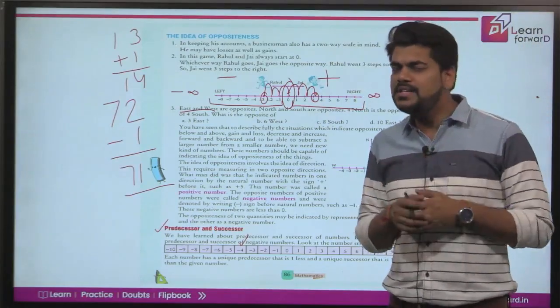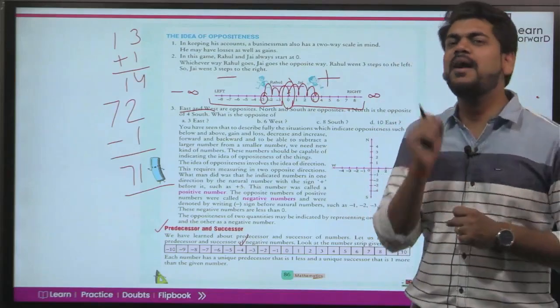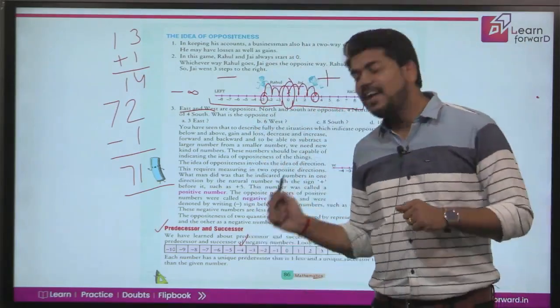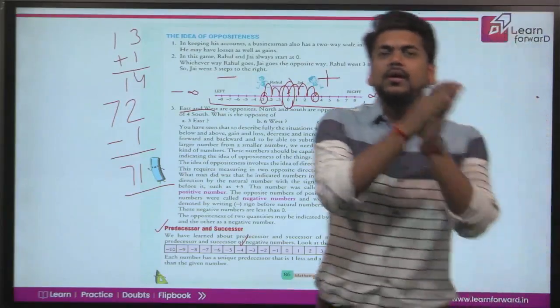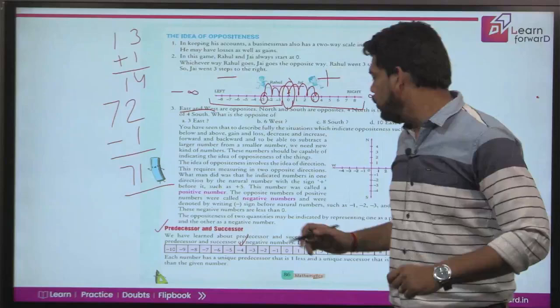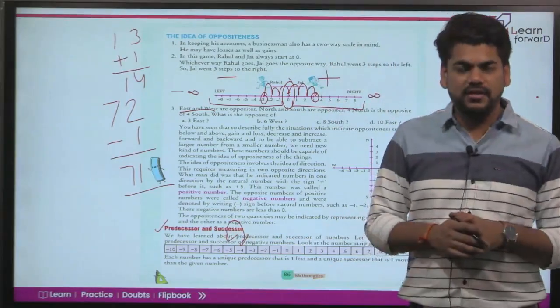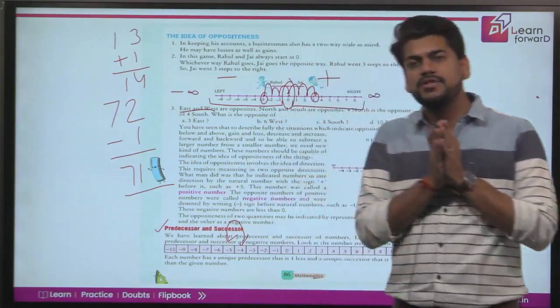If you are thinking the answer is -3, then you are wrong. When you want to find out the predecessor, you move toward the left side. So the predecessor of -4 is -5, because -5 is lesser than -4.